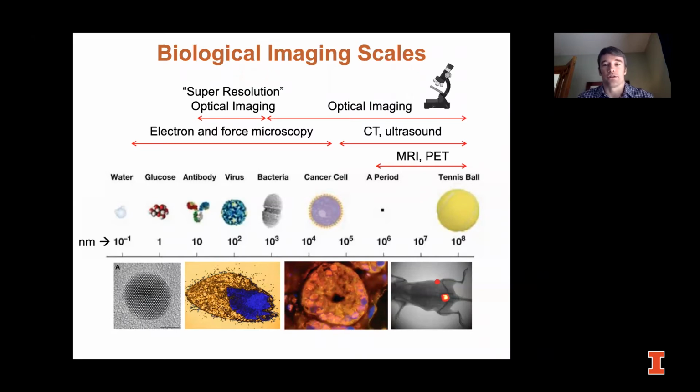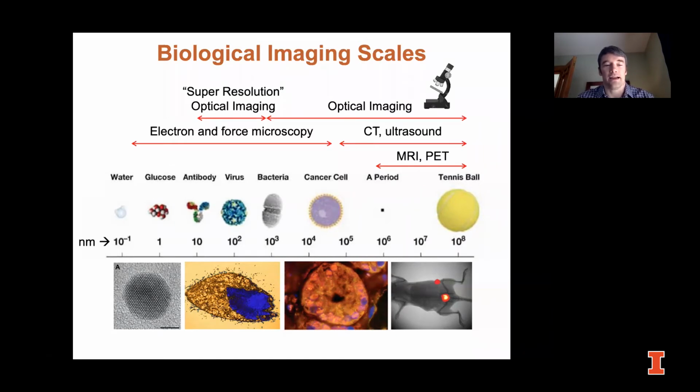So our eyes, of course, are optical imaging tools, and we can resolve things in our surroundings in very wide ranges of scale, very quickly, with high sensitivity, and also what we call multiplexing. So we can see at least 3 distinct color channels with our eyes, and we can resolve different objects because of that.